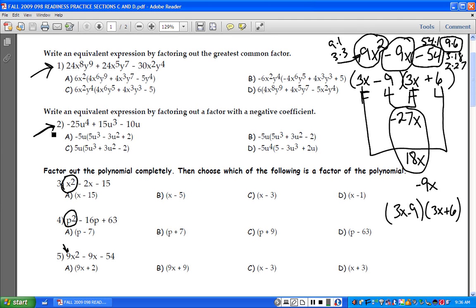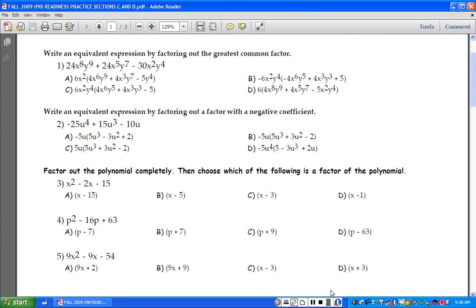So let's erase all of this. So now again, looking at our 9x squared minus 9x minus 54, we see that if we factor out a 3, because 3 goes into 9, 3 goes into this 9, and 3 goes into 54, or better yet, we could factor out a 3, but what about a 9?